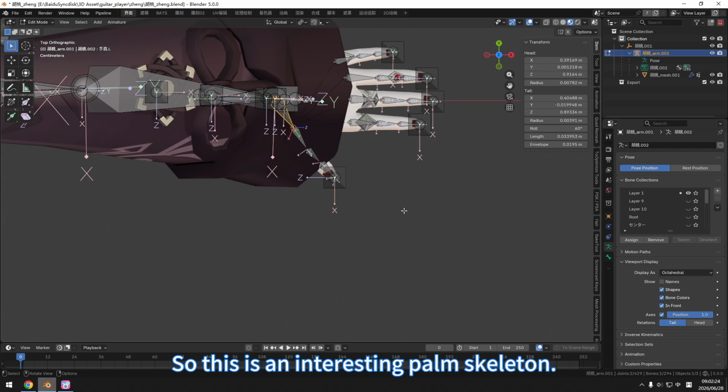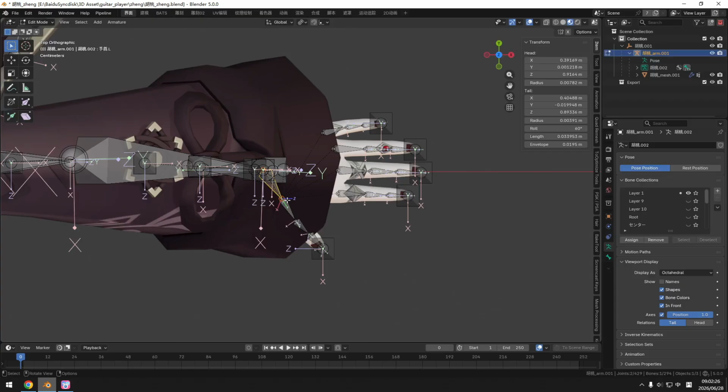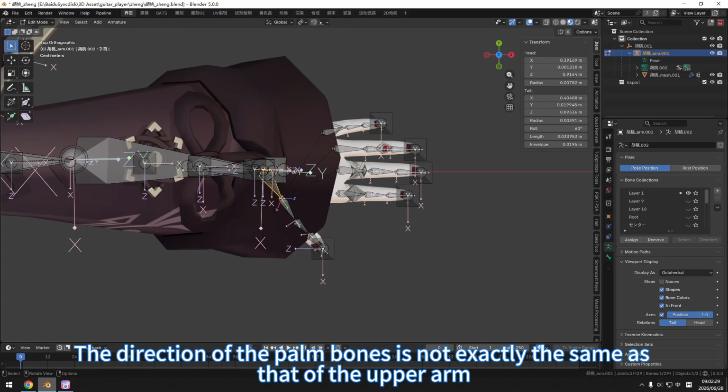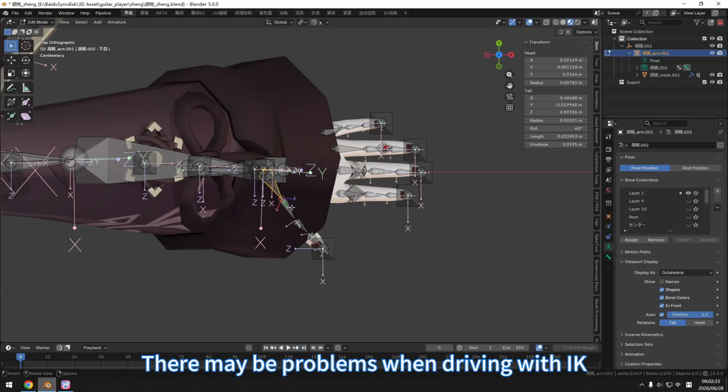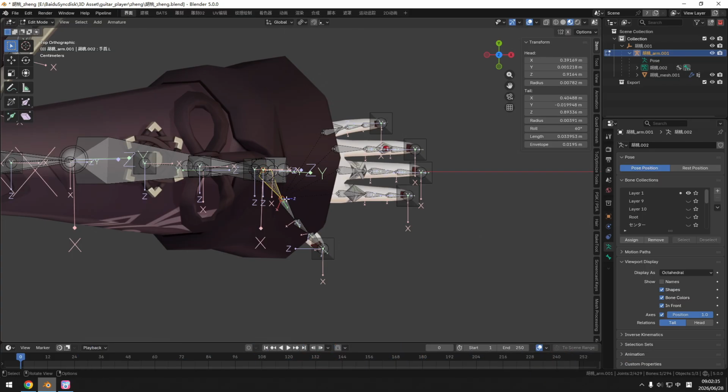So this is an interesting palm skeleton. The direction of the palm bones is not exactly the same as that of the upper arm. There may be problems when driving with IK. Let's take a look. Is this connected?